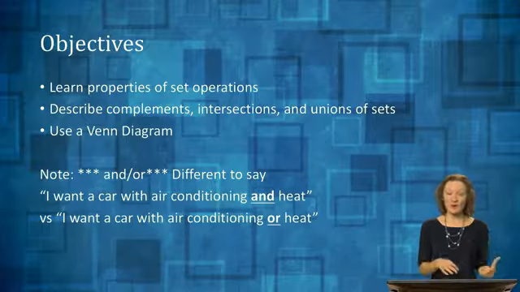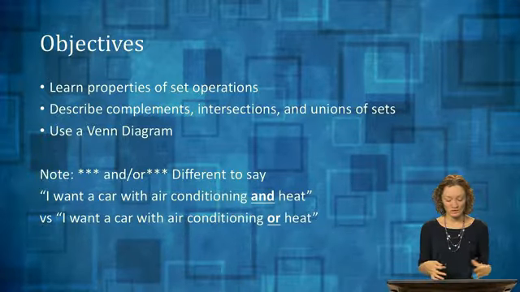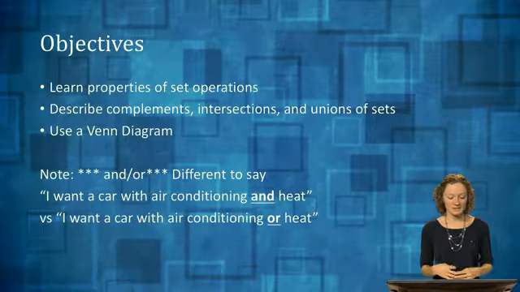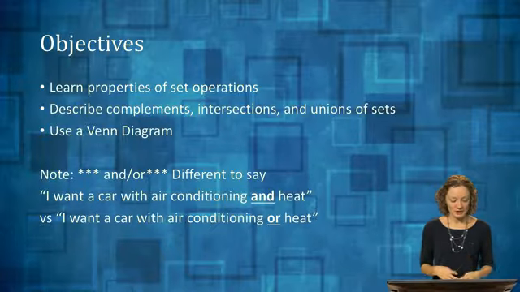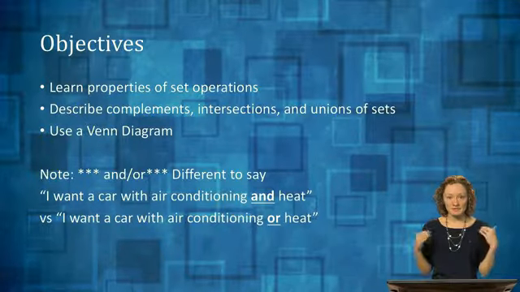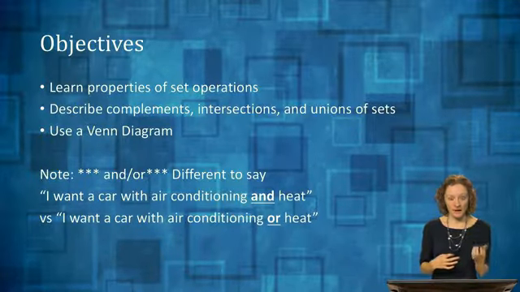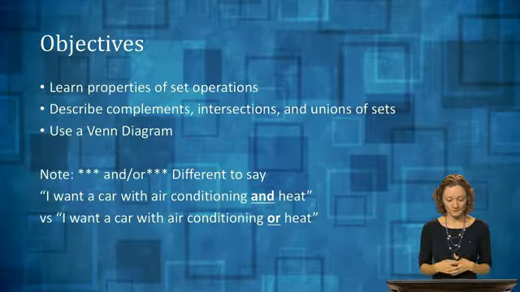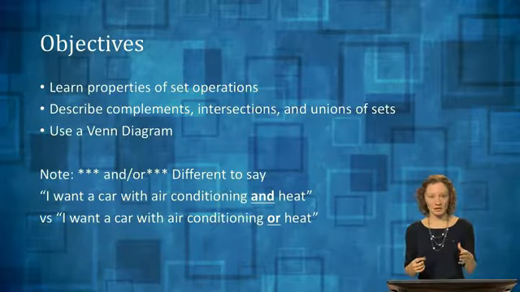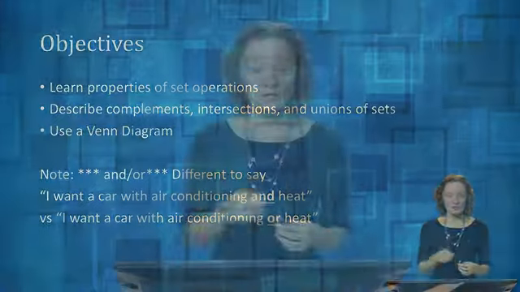Okay, so to prepare us for starting to look at the visuals, there's a couple things we have to keep in mind. The note here on this slide is to keep in mind the differentiation between the words and or. When we think of those words in the English language, they're usually words that you breeze by pretty quickly, not something you spend a lot of time with, but in sets, it's important to keep in mind the differentiation between the two.